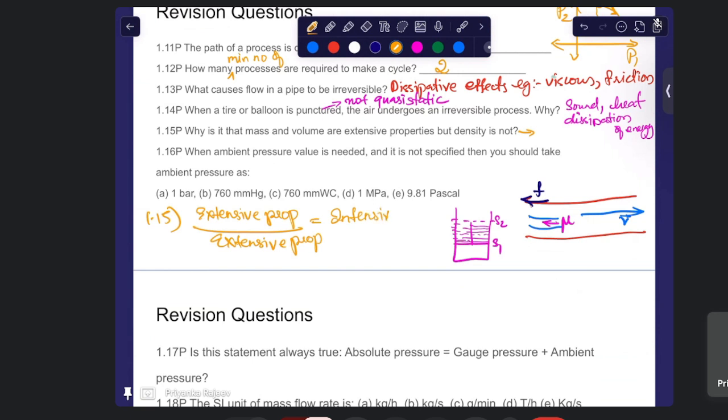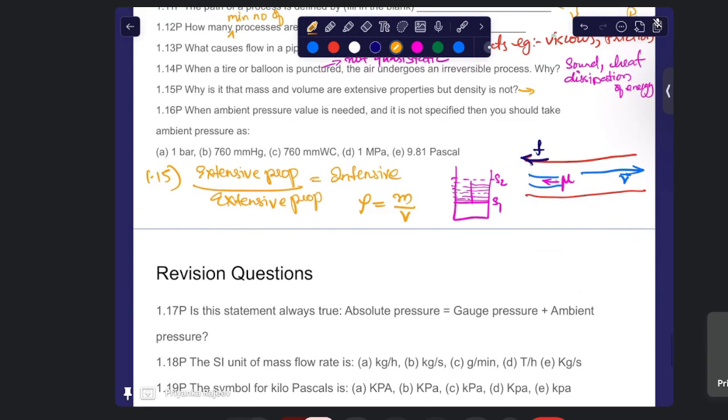So you can see density rho is mass by volume, where mass and volume are both extensive properties. So the ratio of extensive properties gives an intensive property, and that is why density is an intensive property.